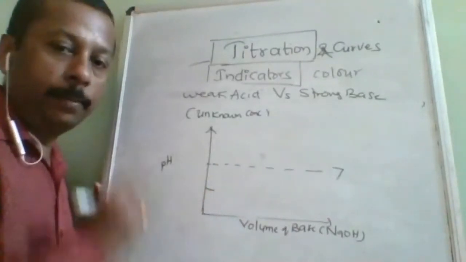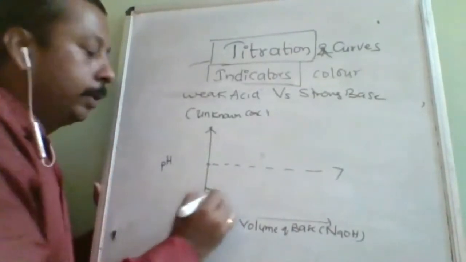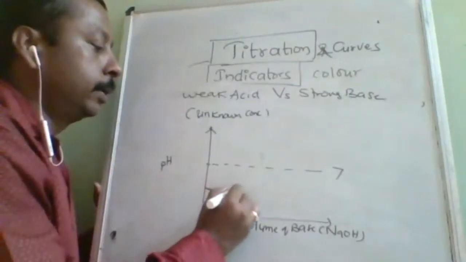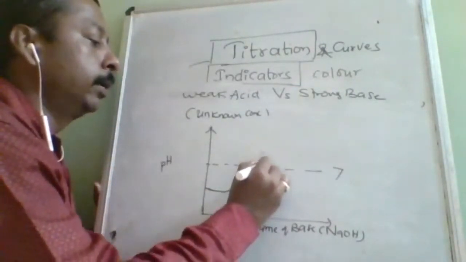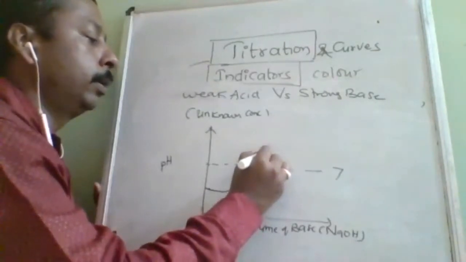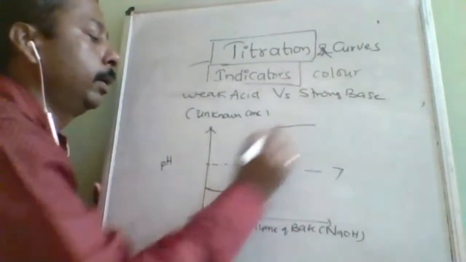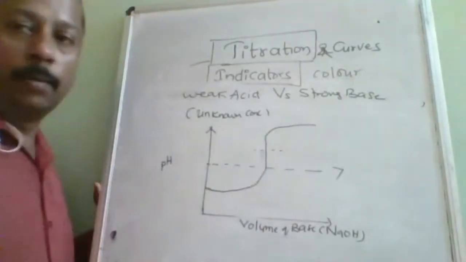Acid weak, then pH will be high. Here the straight line will start above.